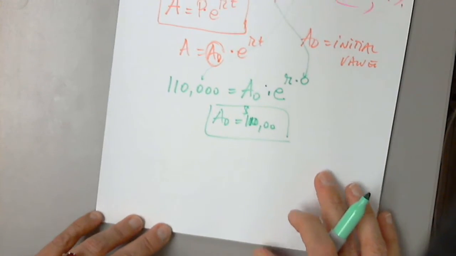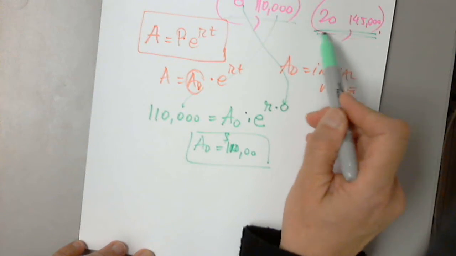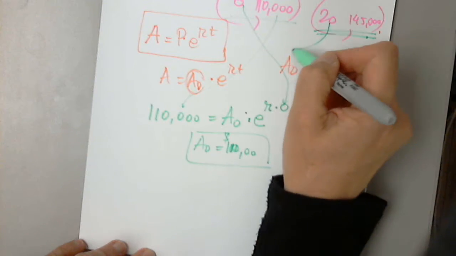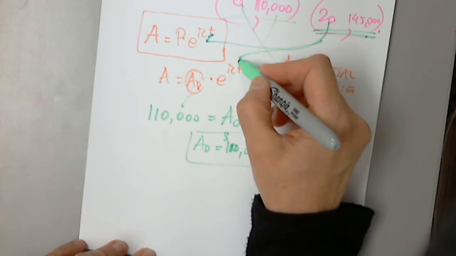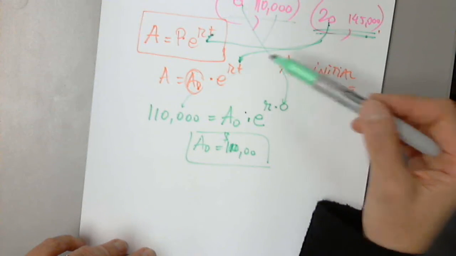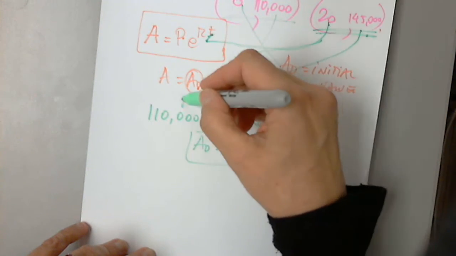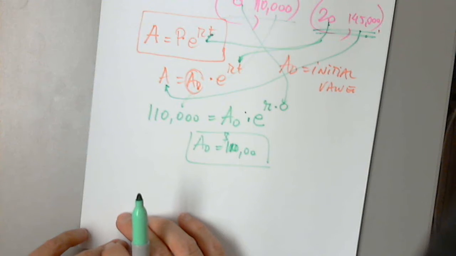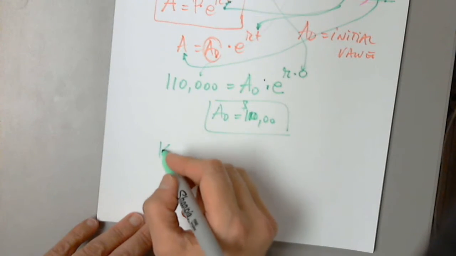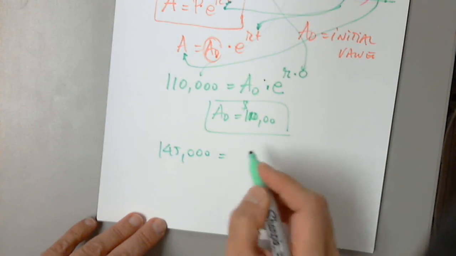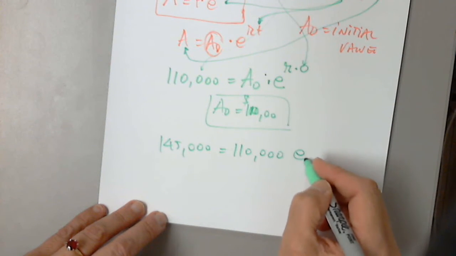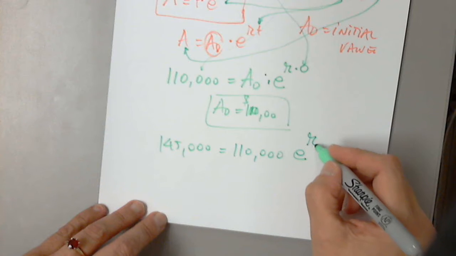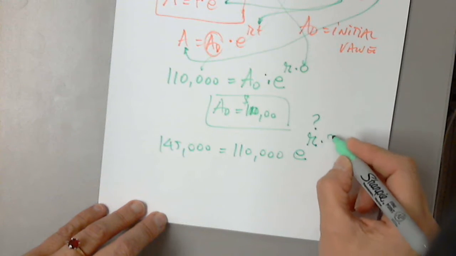But now the question is, I have to look at the second point, and while I replace t by 20, the accumulated value now is 145,000. So 145,000 equals 110 times e to r, which we are looking for, which we do not have, times 20 years.